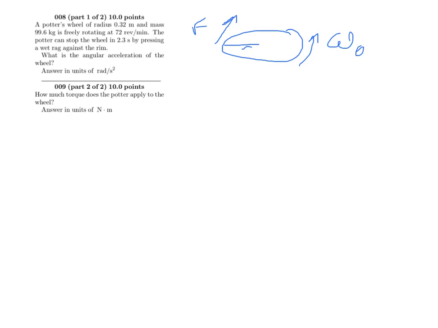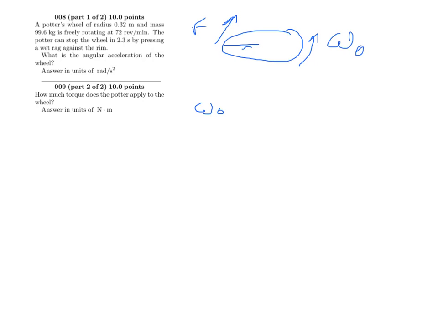Now we're actually going to be solving for the torque in part 2, so we don't even need the force and the radius itself. We're just going to need the torque. So we'll solve for that in part 2 here. But part 1 gives me several variables. It gives me my initial omega of 72, so I've got my initial omega.